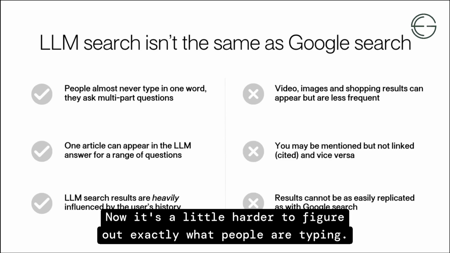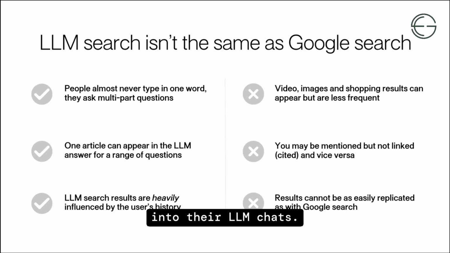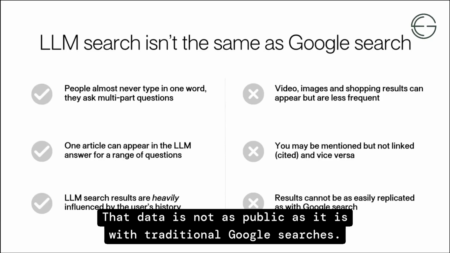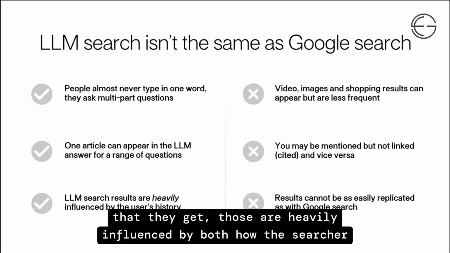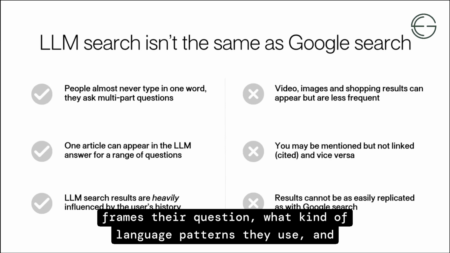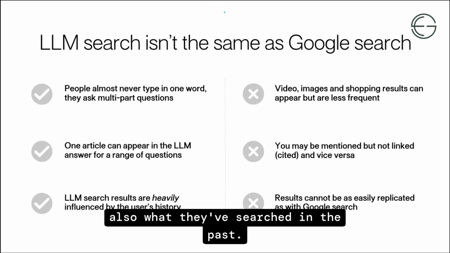Now, it's a little harder to figure out exactly what people are typing into their LLM chats. That data is not as public as it is with traditional Google searches. And the questions people ask and the answers that they get are heavily influenced by how the searcher frames their question, what kind of language patterns they use, and also what they've searched in the past.